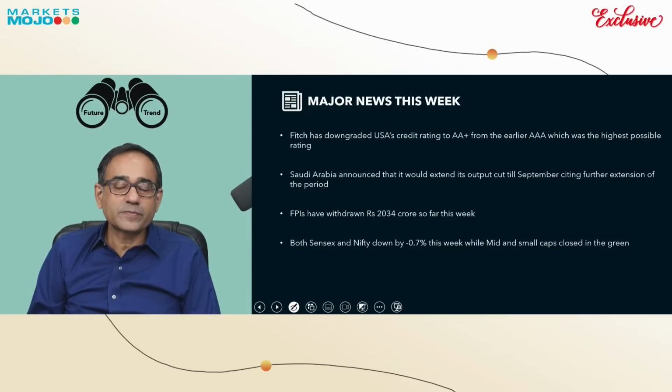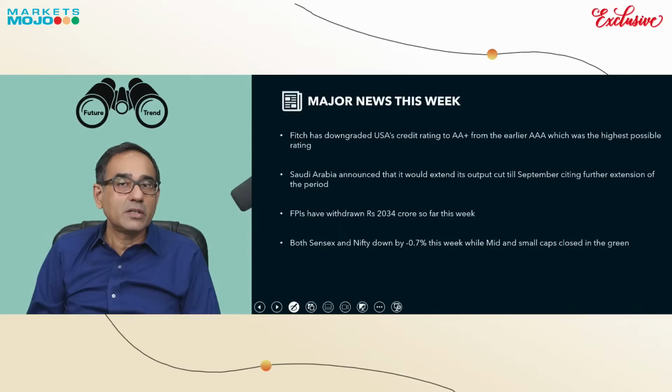Again, I repeat, our target for Nifty 50 is 20,100 by December 2023. There could be price corrections, there could be time corrections, but that can happen, number one. Number two, what I'm trying to say is that there is not much upside as far as the Nifty 50 is concerned till December.